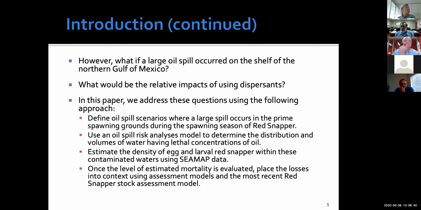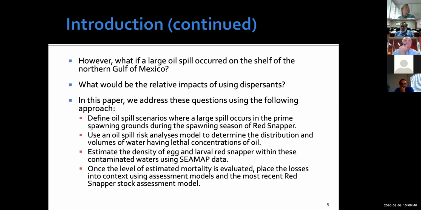We used 2 threshold levels. I laugh because I just heard all these discussions of threshold levels for determining the toxic effects of total polycyclic aromatic hydrocarbon concentrations in the water column. These thresholds reflect concentrations that had been documented to kill 50% of the test larvae when they were exposed for 96 hours.